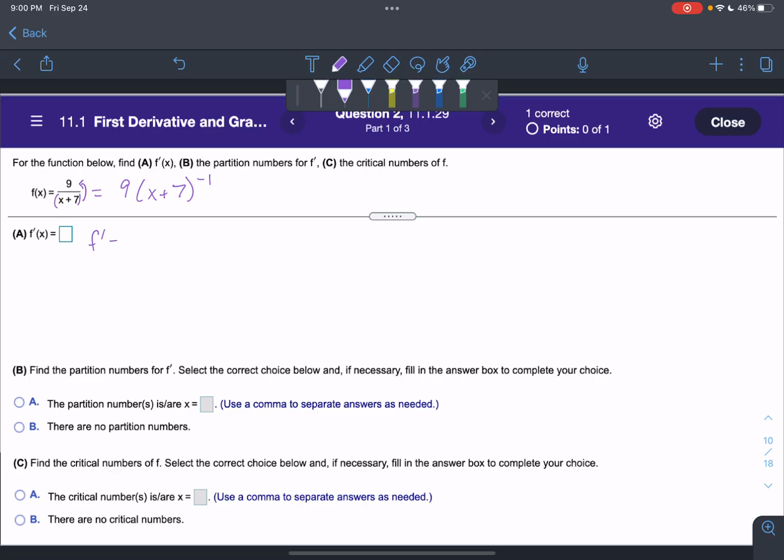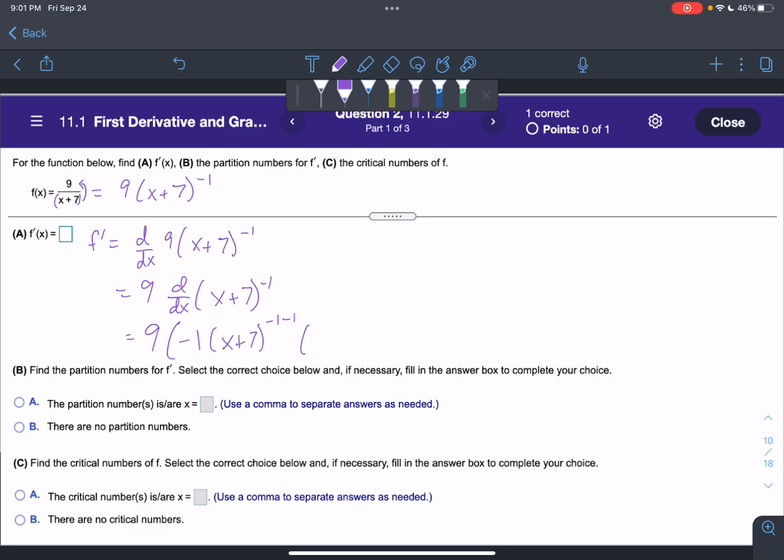So f prime is equal to the derivative of 9 times x plus 7 to the minus 1 power. We can bring that 9 out and just worry about my x plus 7 to the negative 1. So if we go ahead and take that derivative, we can use the power rule, negative 1 times x plus 7. We have a little chain rule in there, the derivative of x plus 7, but that's just 1, so it's an easy one.